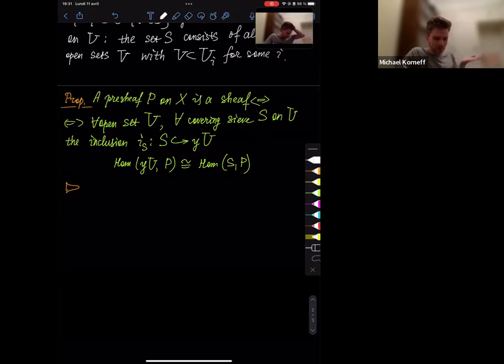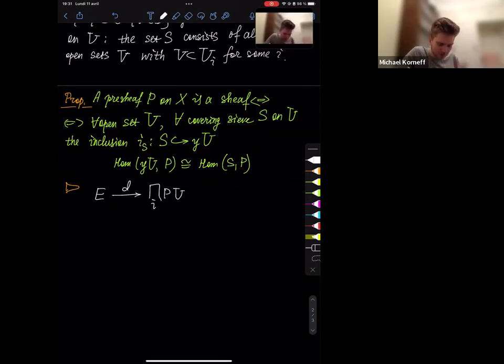Construct the equalizer in the category of presheaves. E is an equalizer. We consider some covering of the set U and the corresponding equalizer.